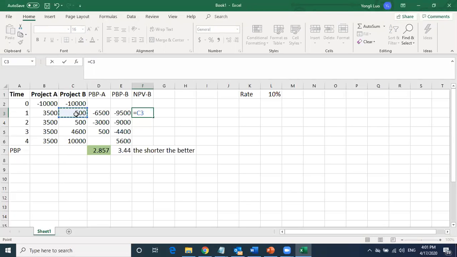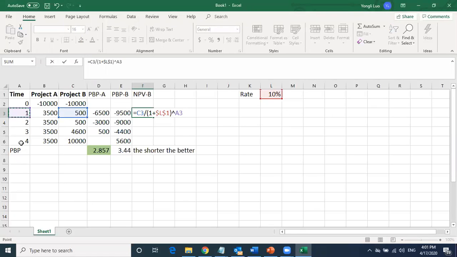Discount for one time period, divided by 1 plus that 10%. We want the dollar sign to lock that 10%. We don't want this one to change. And raised to the power of the time period.